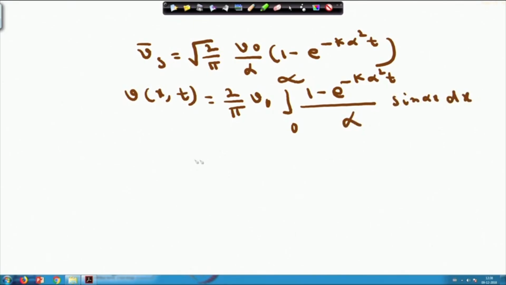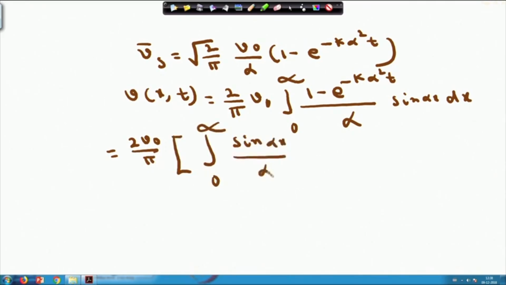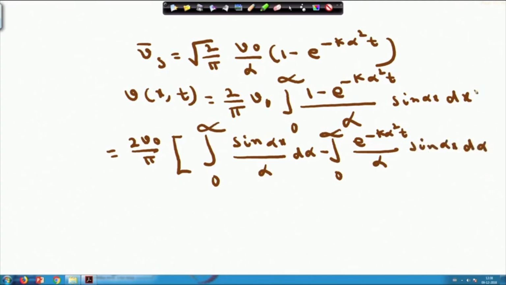Now I can break it into two parts: 2v₀/π times ∫ from 0 to infinity of sin(αx)/α dα minus ∫ from 0 to infinity of e^(−kα²t)/α sin(αx) dα. This is dα, not dx. This first value is known to us, π/2.